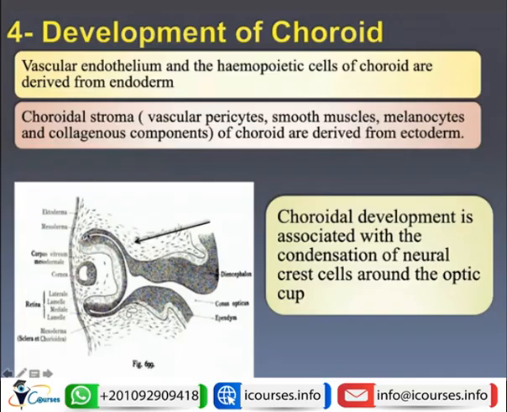So here is the choroid. Here are the edges of the optic cup, and the choroid will be formed by condensation of neural crest cells around the optic cup. So again, the choroid will develop from the neural crest or mesenchyme.